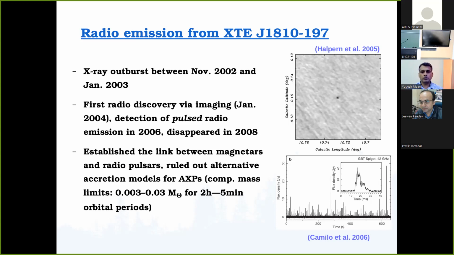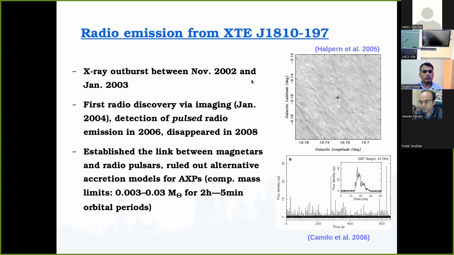And with that motivation, I'm going to present a characterization of one of these objects, which is named XTE J1810-197. In fact, this was the first magnetar from which radio emission was detected, and it came out as a surprise because, given their very high magnetic fields, earlier people had expected that these objects would not be visible in radio.